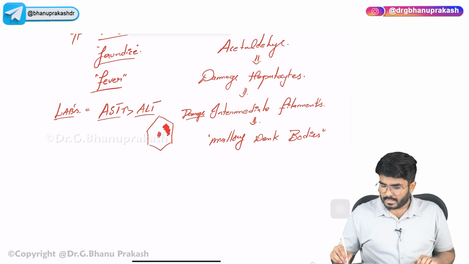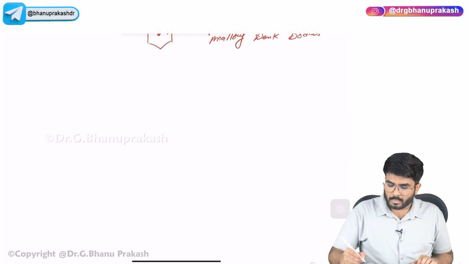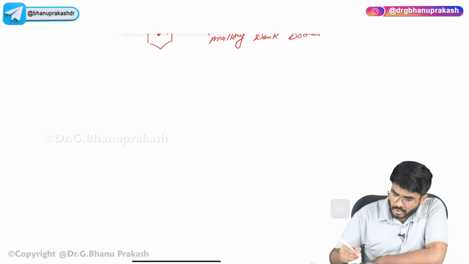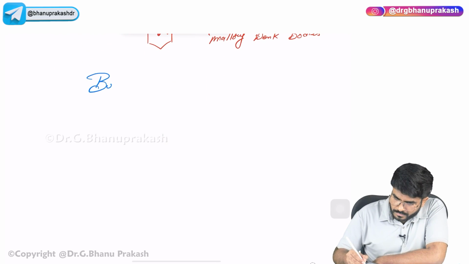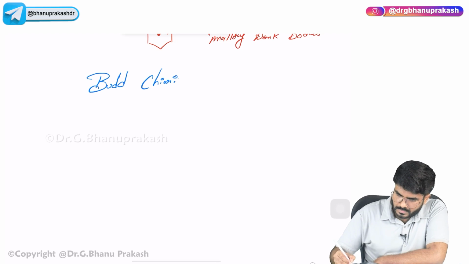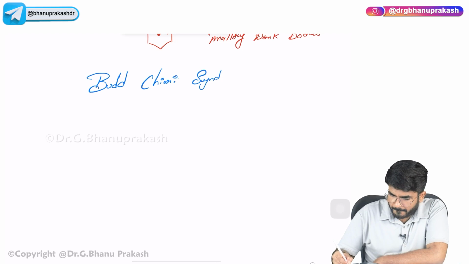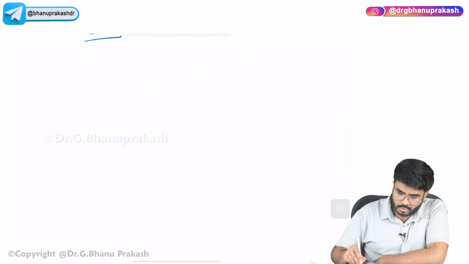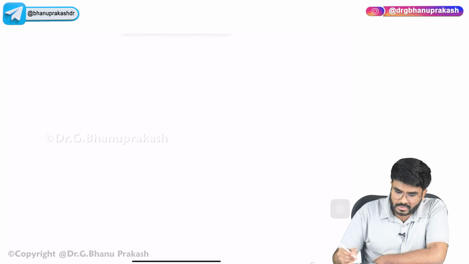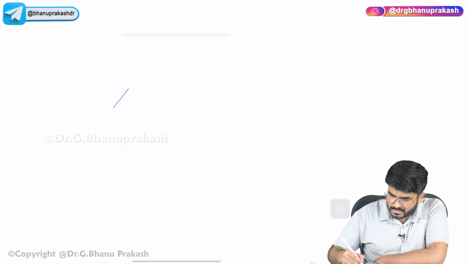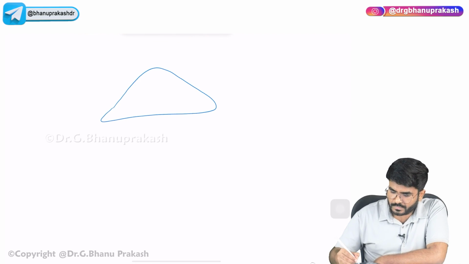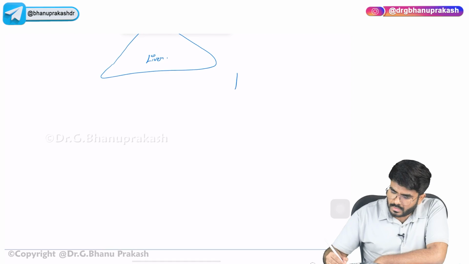Okay. Next, let's discuss one more liver pathology, which is called Budd-Chiari syndrome. So what exactly is this Budd-Chiari syndrome? See, in Budd-Chiari syndrome, there is hepatic vein thrombosis. Now you should understand, imagine this is your liver. Into the liver, who is coming?